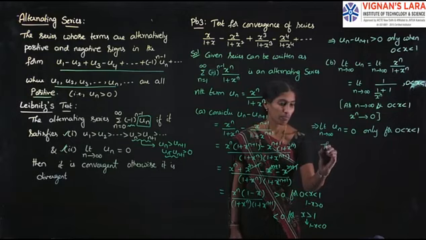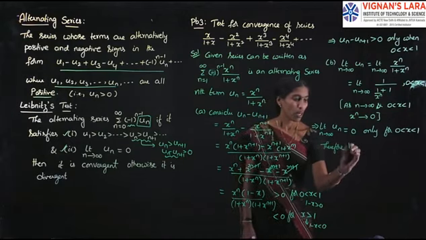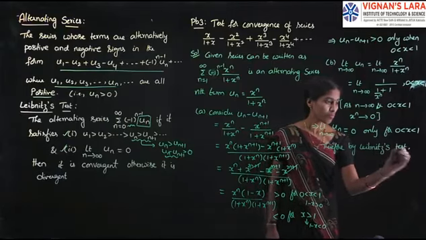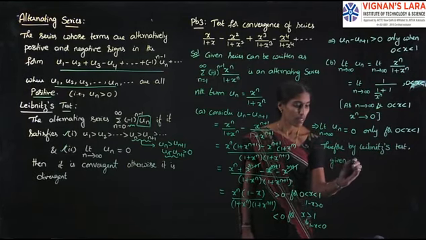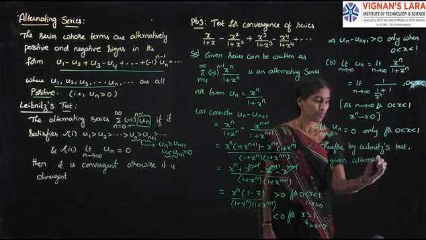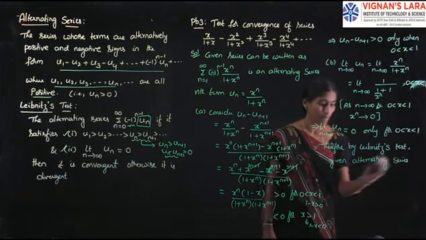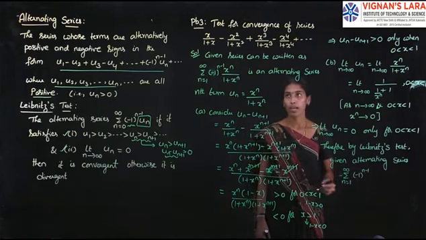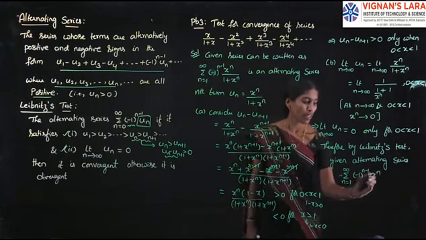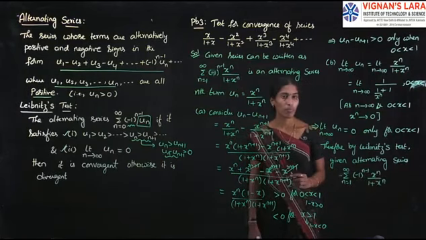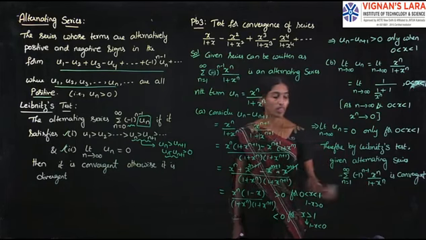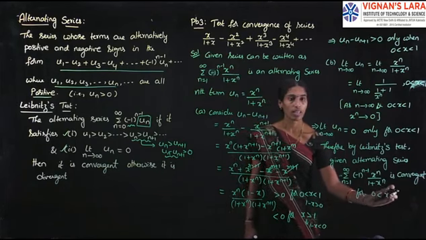Therefore, by Leibniz test, given alternating series sigma n is equal to 1 to infinity minus 1 to the power n minus 1 into x to the power n by 1 plus x power n is convergent for 0 less than x less than 1.